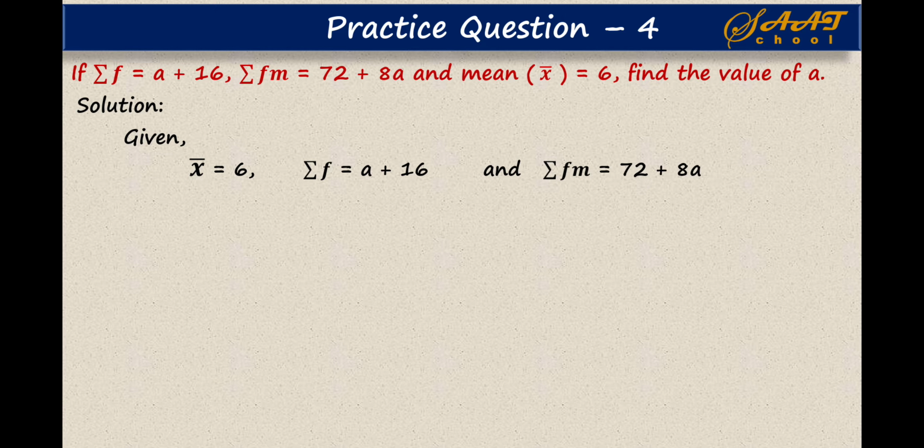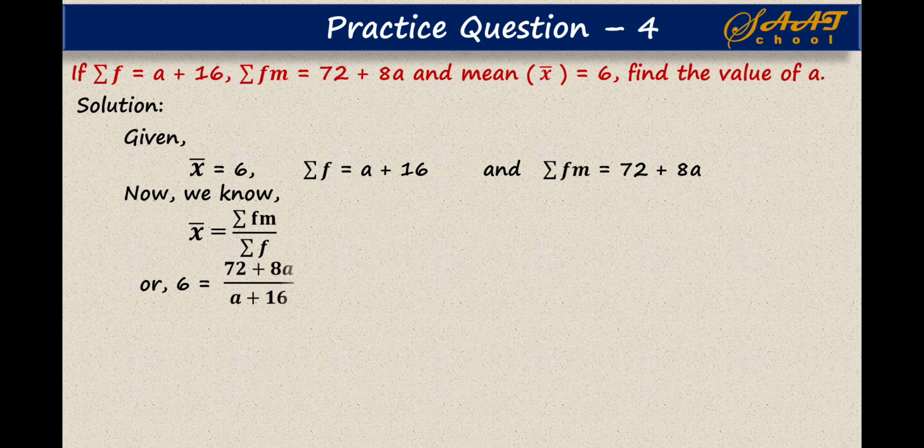Now we use the same relation between mean and sum of fm and sum of f. Here mean is equal to sum of fm divided by sum of f. So sum of f here represents number of terms n. Now we have mean, which is 6. Sum of fm is 72 plus 8a, and sum of f is a plus 16.